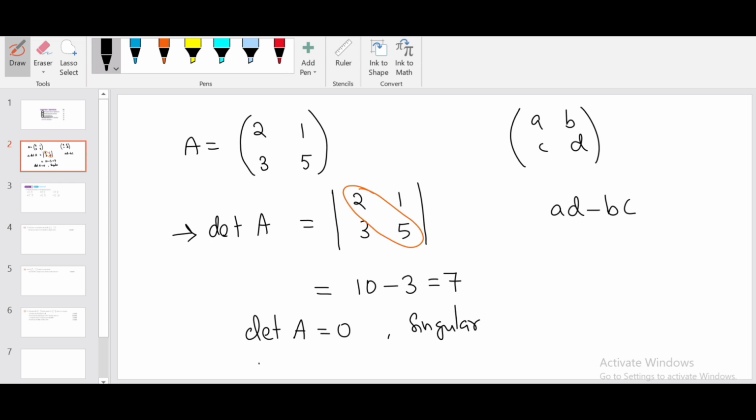If the determinant value of the matrix is not equal to 0, it's a non-singular matrix. I want you to take note of it. If it's 0, it's a singular matrix, because for a singular matrix, you cannot find the inverse matrix, which we will learn in the next topic.